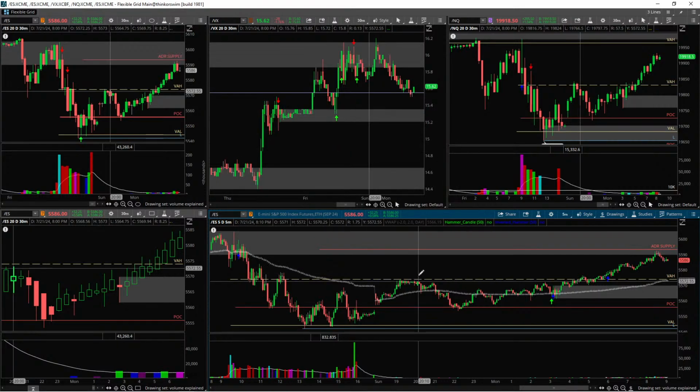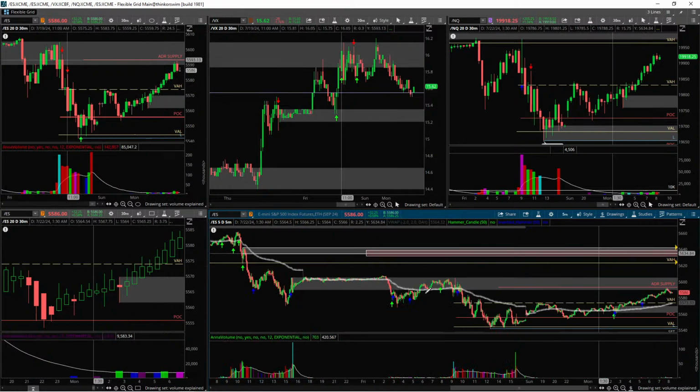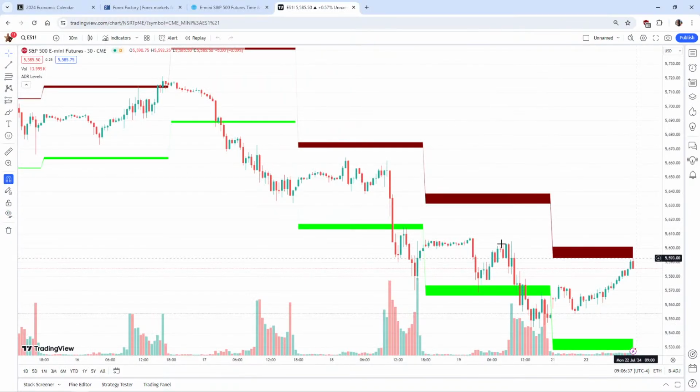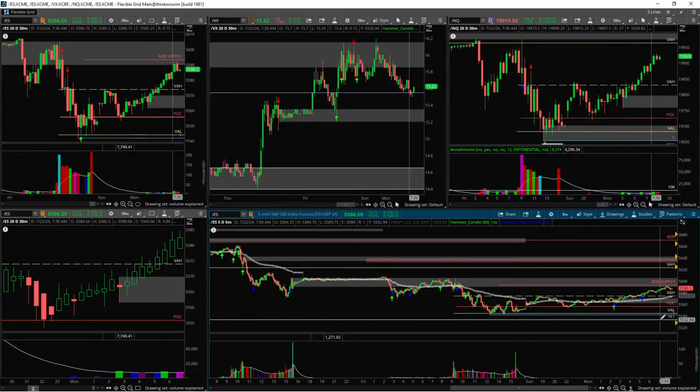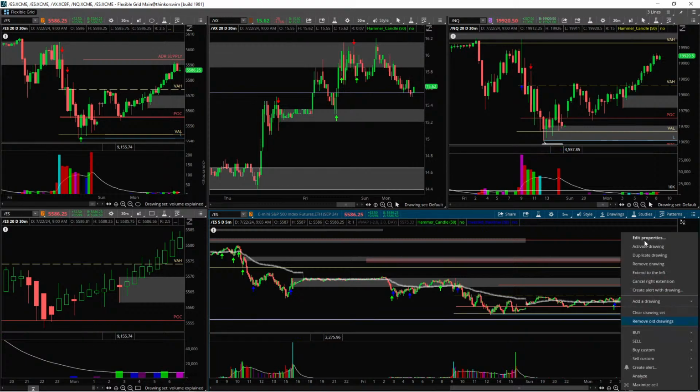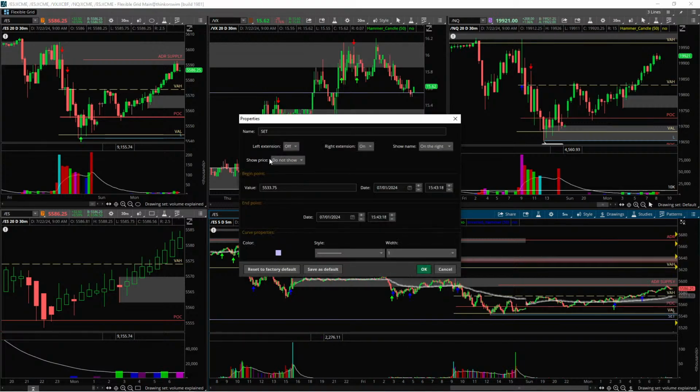All right, so that's where we are with it. Our demand one is at 5536, which is a prior settlement price. Looks like 5536. So I'm gonna put it there. It's close enough.